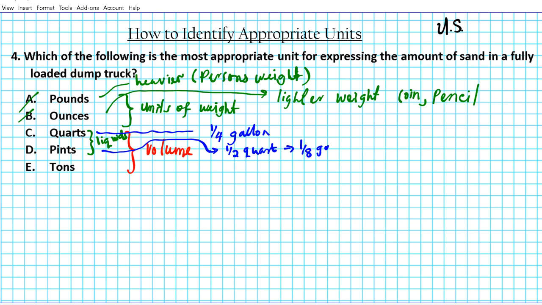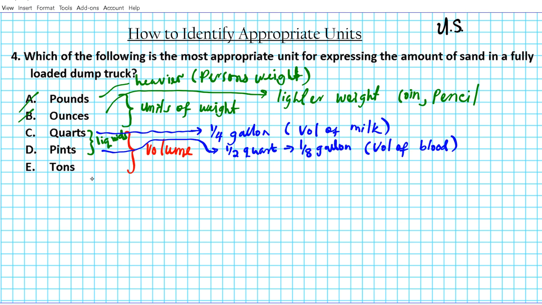So you see that pints are much smaller than quarts. When you're thinking about quarts, you're thinking about volume of liquid like milk, right? And for pints, you're thinking about the volume of liquids like blood, much smaller than the quarts consideration. Okay, now that leaves us with the last one, tons.